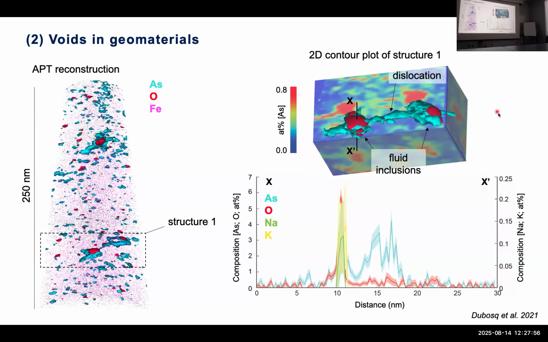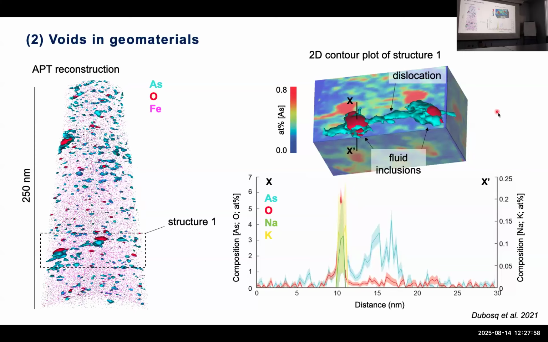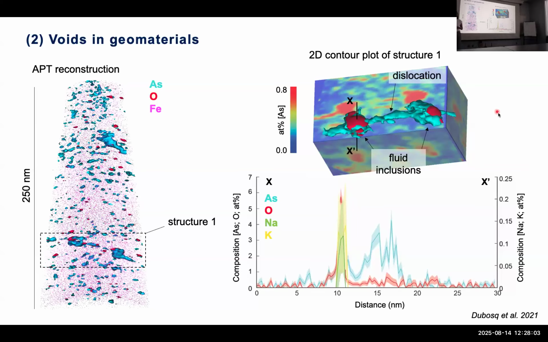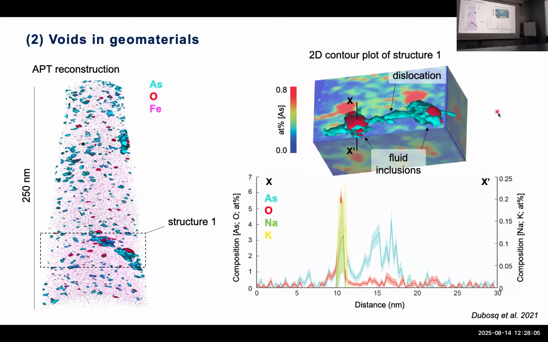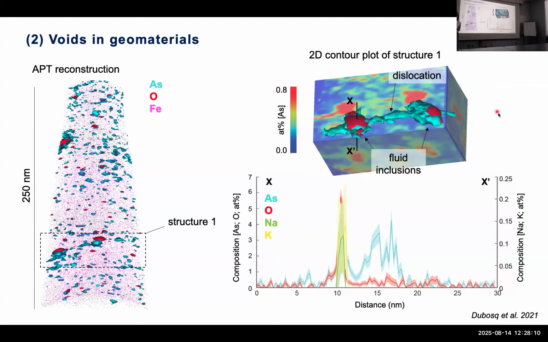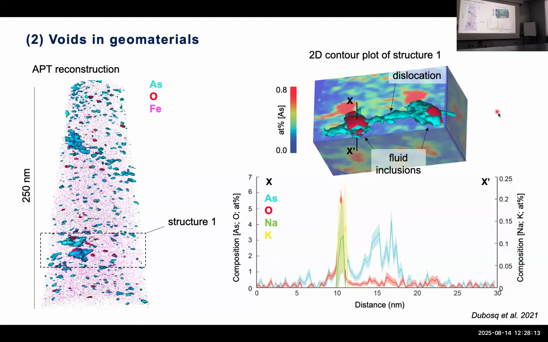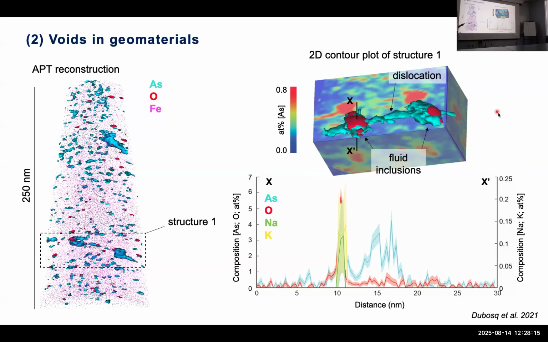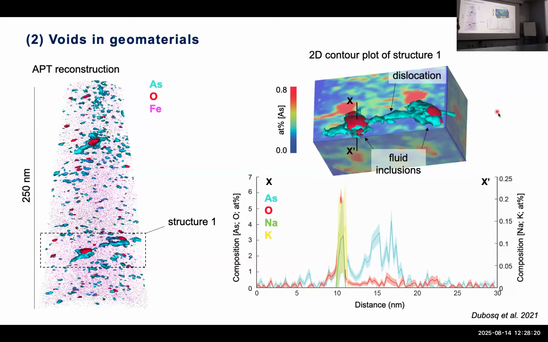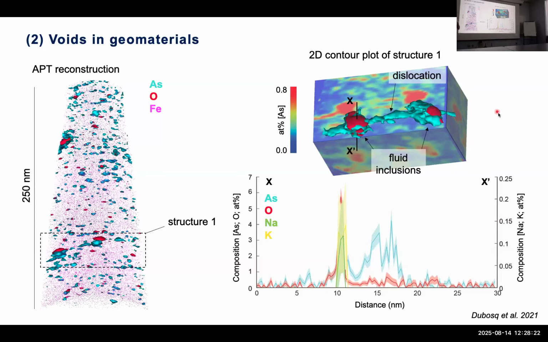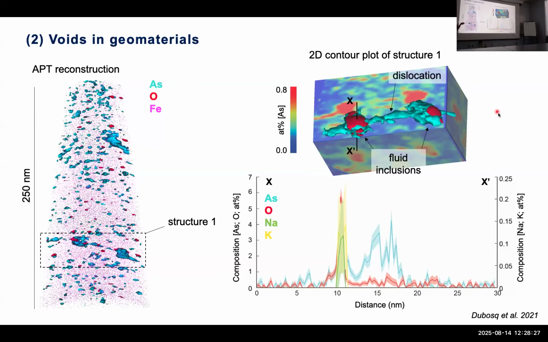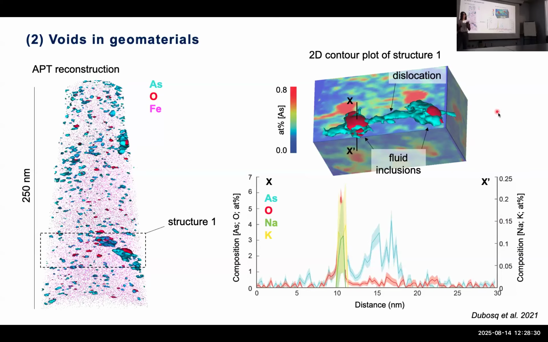In this data set, the fluid inclusions are documented as these high density clusters that are rich in arsenic and oxygen. It may sound counterintuitive that a fluid inclusion or a void is documented as a high density feature. This is all due to the fact that when we have imperfections on our specimen tip, we have artifacts that are created by field or ion trajectory aberrations during field evaporation.